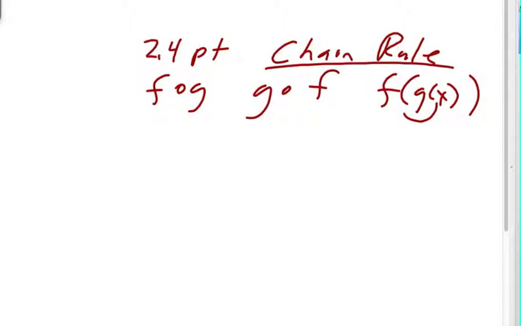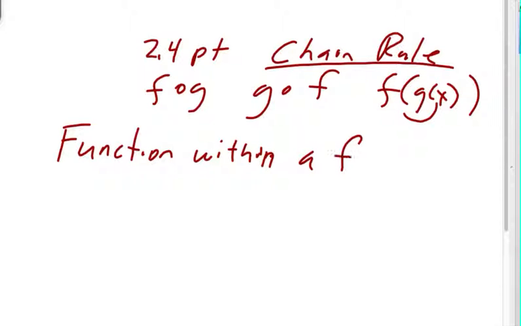You use the chain rule when you have a function inside of a function, or think of it as a function within a function. Okay, and it deals with composite functions.